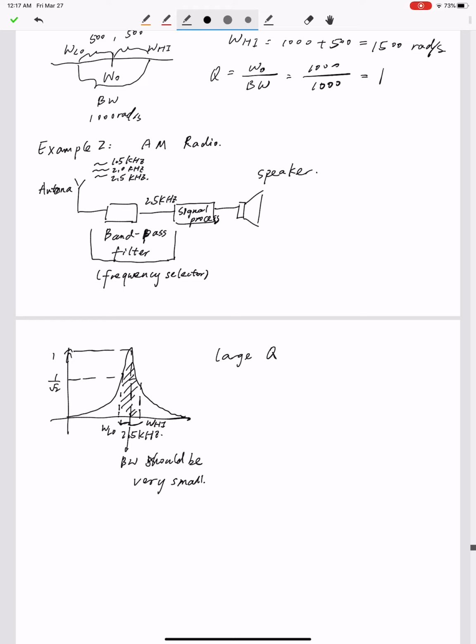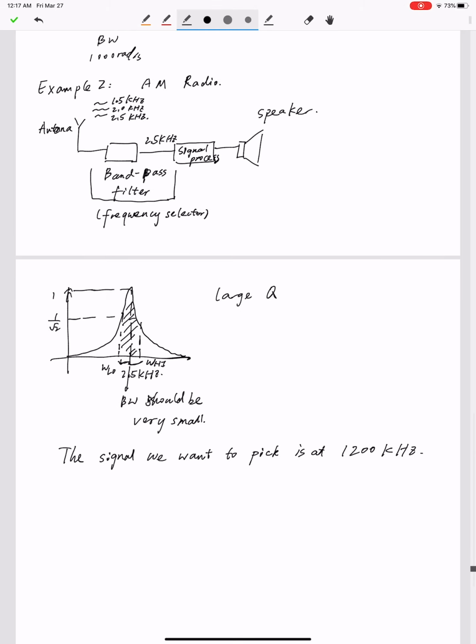Let's assume the signal we want to pick is at 1200 kilohertz. That's the signal we want to pick.